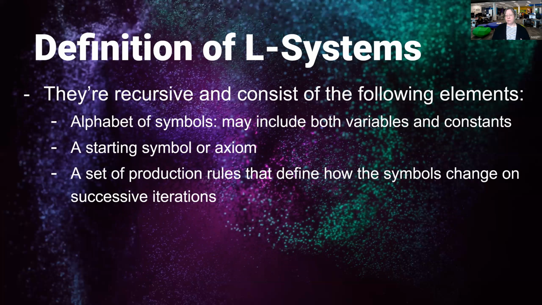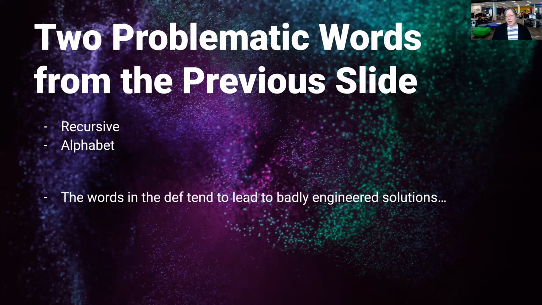An L system is recursive and consists of an alphabet of symbols, which can have both variables and constants in it, a starting symbol, and a set of production rules that define how the symbols actually change on successive iterations. The reason why I wanted to look at this particular problem is that it's problematic in terms of the definition.